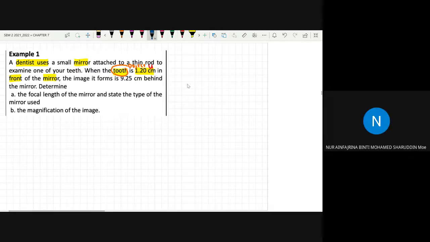Okay, contohnya sekarang Miss akan lukislah. Okay, ni principal axis, lepas tu ni mirror. Miss tak tahu dia mirror apa kan? Okay, maksudnya sekarang ini adalah awak punya objek. So, objek ini dia akan berada 1.2 cm daripada awak punya mirror. Alright?